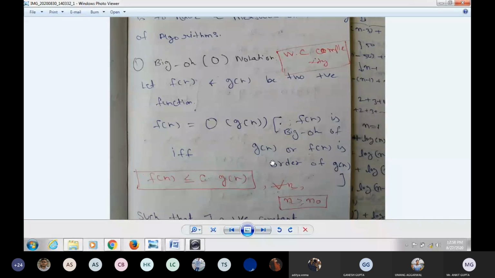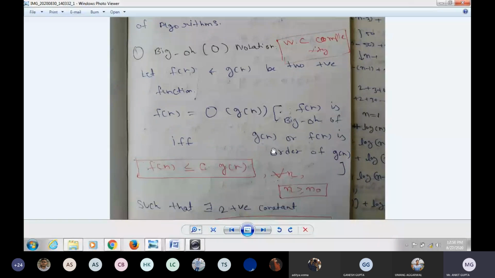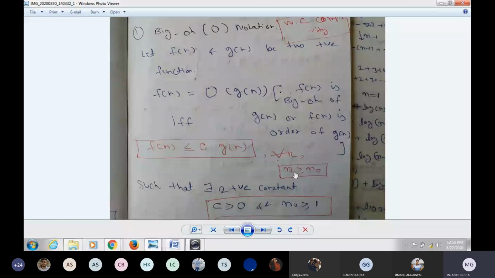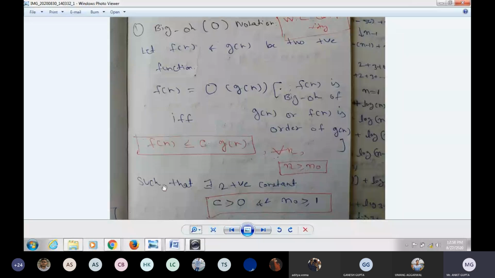If f(n) is order of g(n), then f(n) is less than or equal to c into g(n) for all n greater than or equal to n naught, such that there are two positive constants, c greater than 0 and n naught greater than or equal to 1.